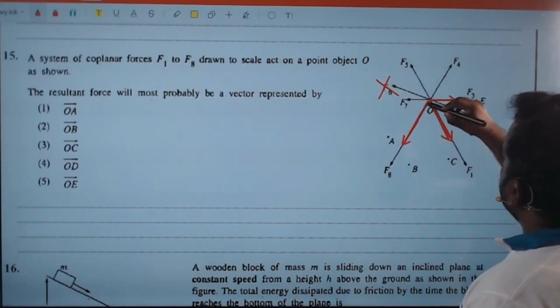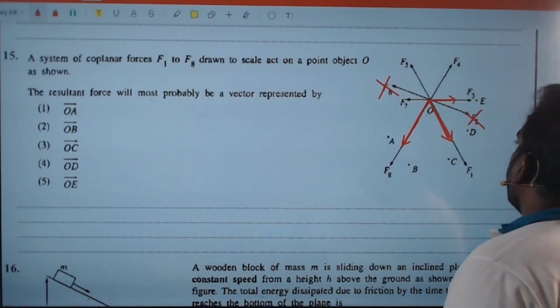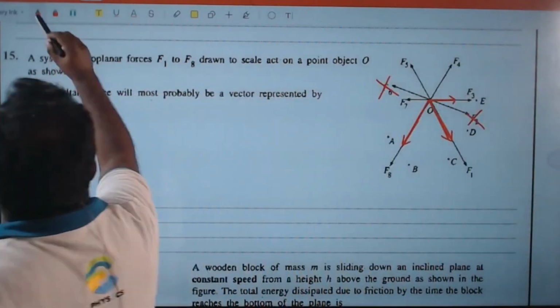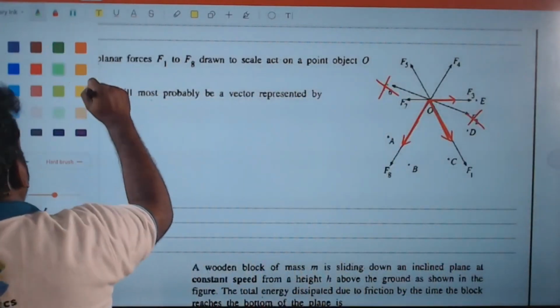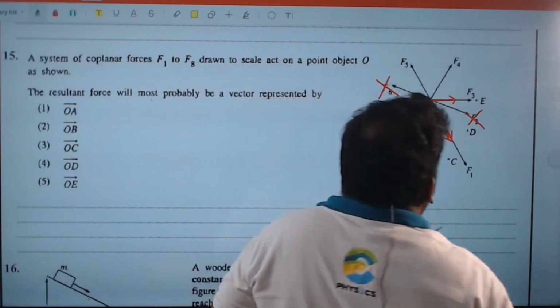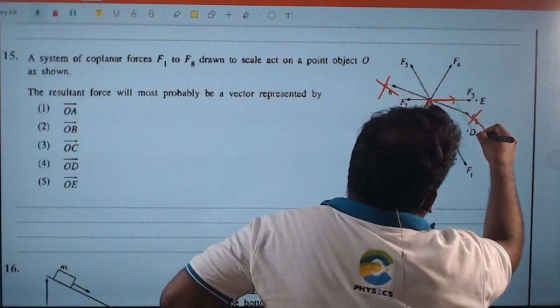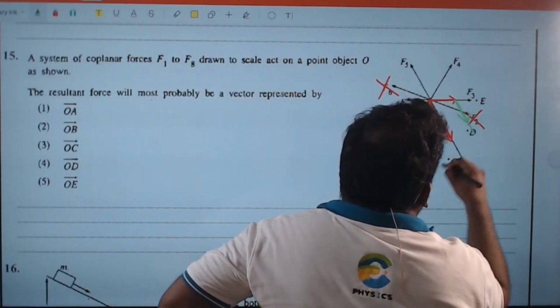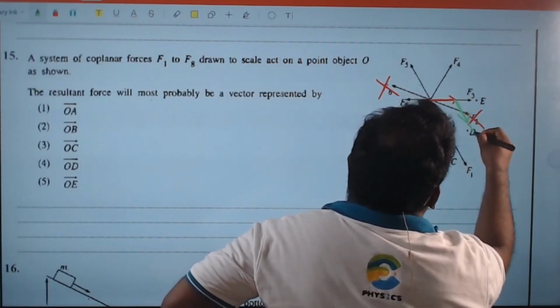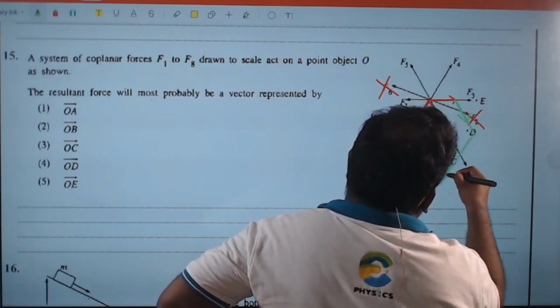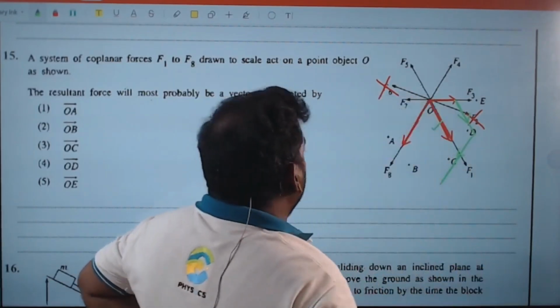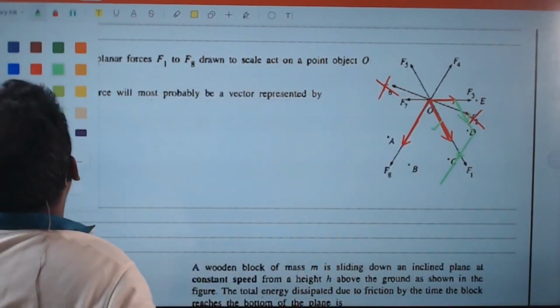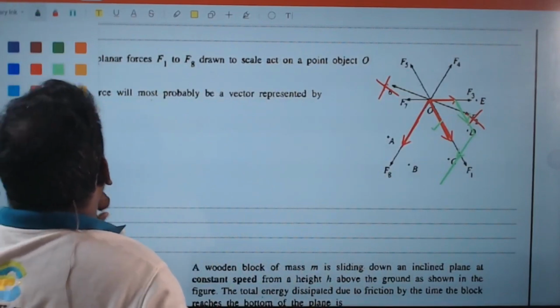Only these three remain in the resultant. Now what is your resultant vector? Start from one vector. Where it ends, start the other vector. Then these also are taken. Where that ends, start the other vector. Now join the initial and terminal points.